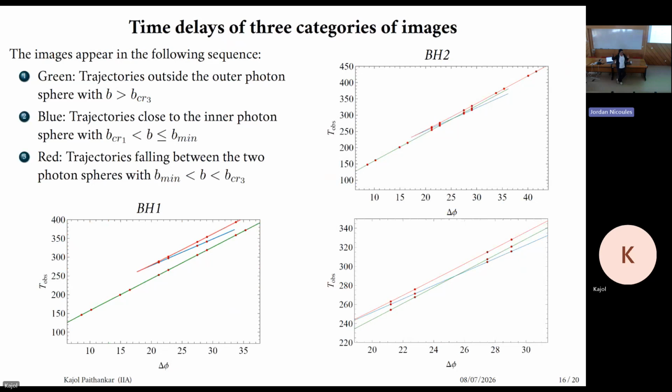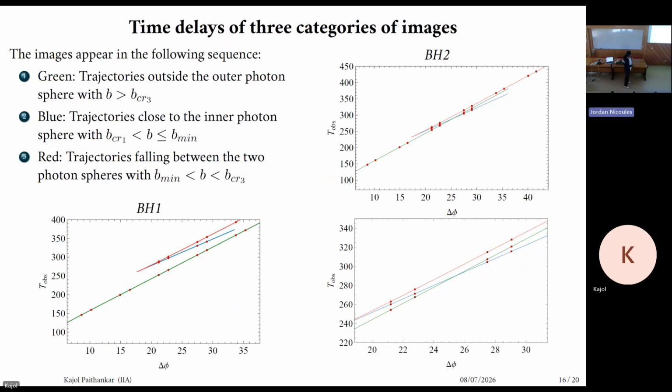These are the green ones. Then the second image will appear close to the inner photon sphere. These are the blue ones, and the third will then appear in between, which is not what happens in case of Schwarzschild. In case of Schwarzschild, the images appear later as they move closer and closer to the black hole. Here, the first image is outside, the second appears inside, and the in-between image is what appears later.